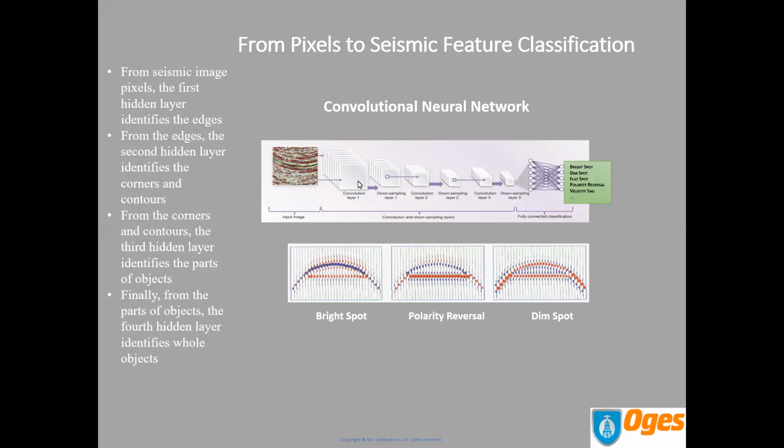So essentially, what we're trying to do, if you look at this from the pixels, the first hidden layer classifies the edges. Edges are very important, obviously, because we need to be able to move across this.